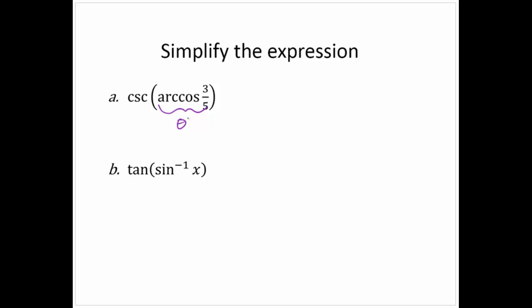And since it's the arc cosine, it's got to be in either the first or the second quadrant. I know the cosine is positive in the first quadrant, so I draw a first quadrant reference with cosine 3/5. So there's my theta, and the cosine, that's adjacent over hypotenuse, is 3/5. Solving the right triangle, I can find that the remaining side measures 4 units.